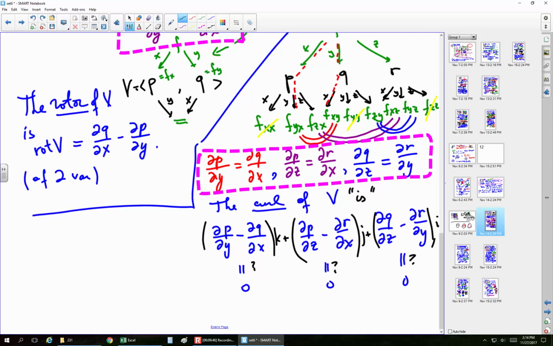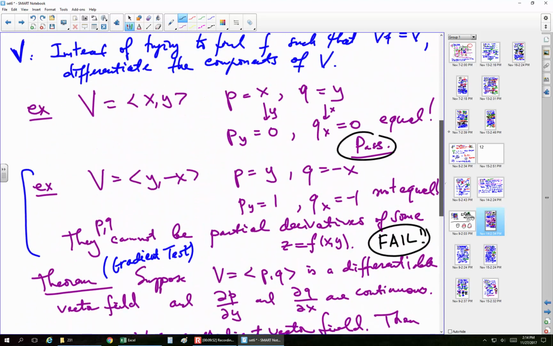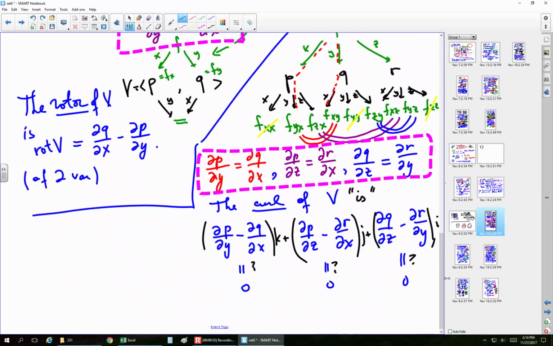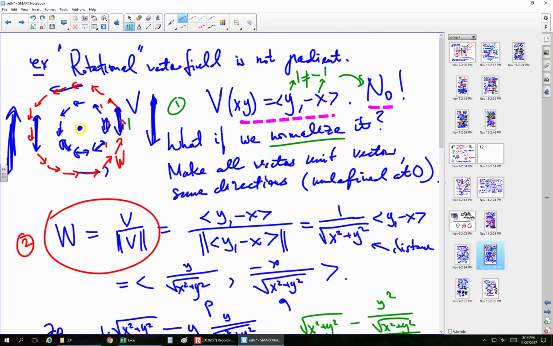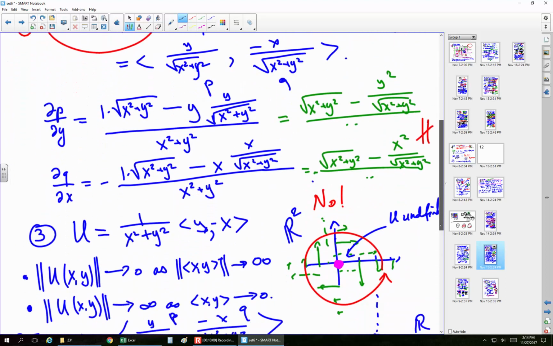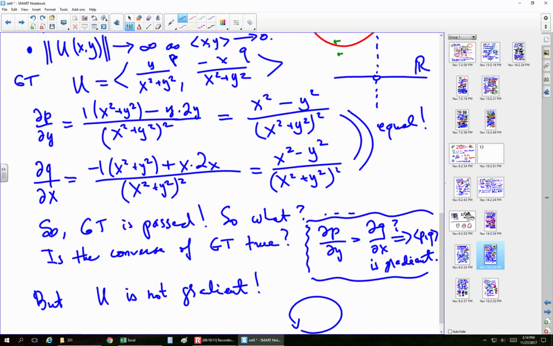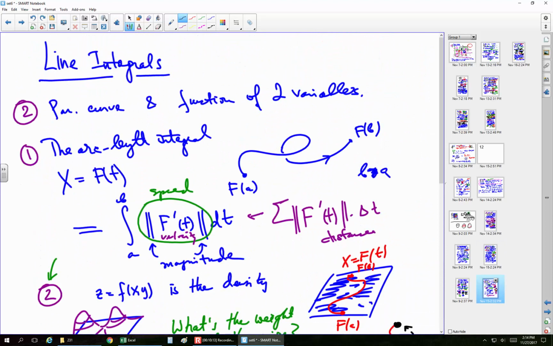Okay, so we'll go back to that when we discuss rotation again, and to evaluate, once again, how close a vector field is to an irrotational one.